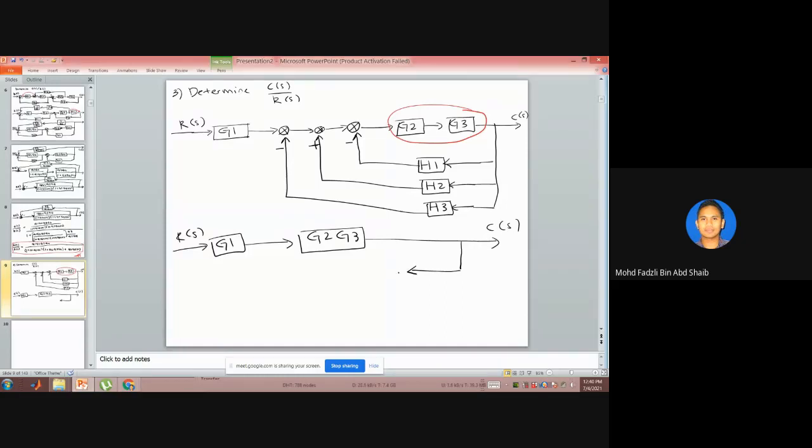Now we just sum it together, but summing it together is a little bit different. If negative feedback it becomes positive. For example, H1 minus H2. Why minus? Because it's a positive feedback. If positive feedback, we need to minus, okay? And plus H3.